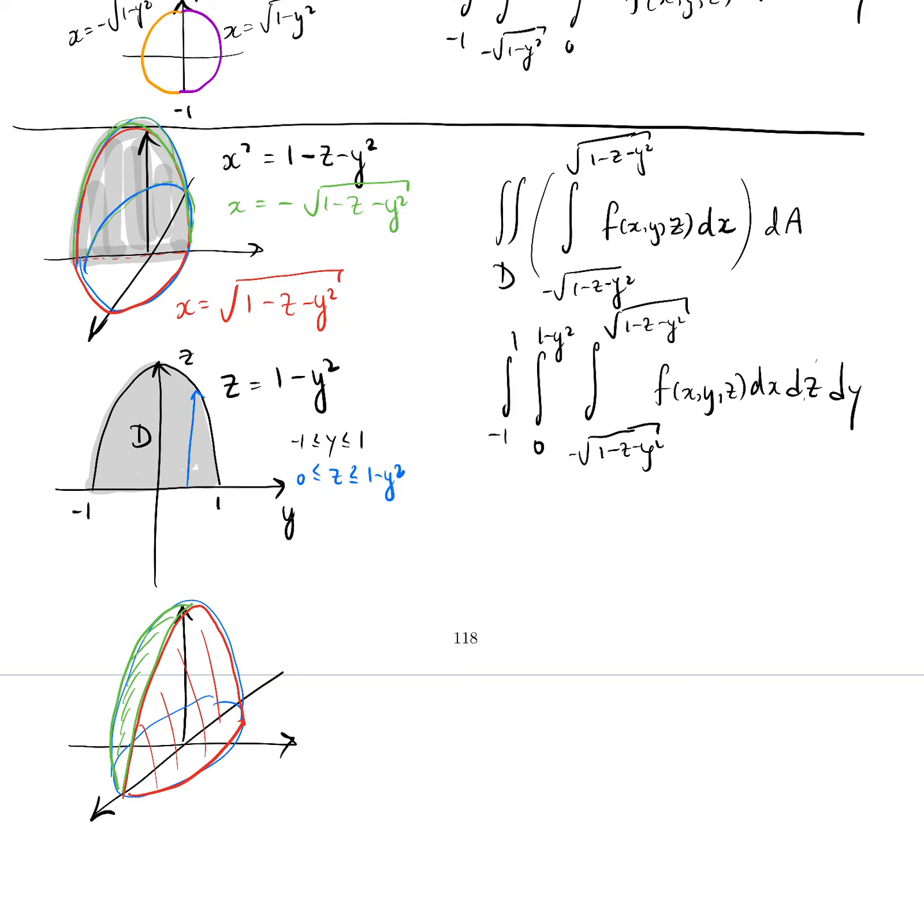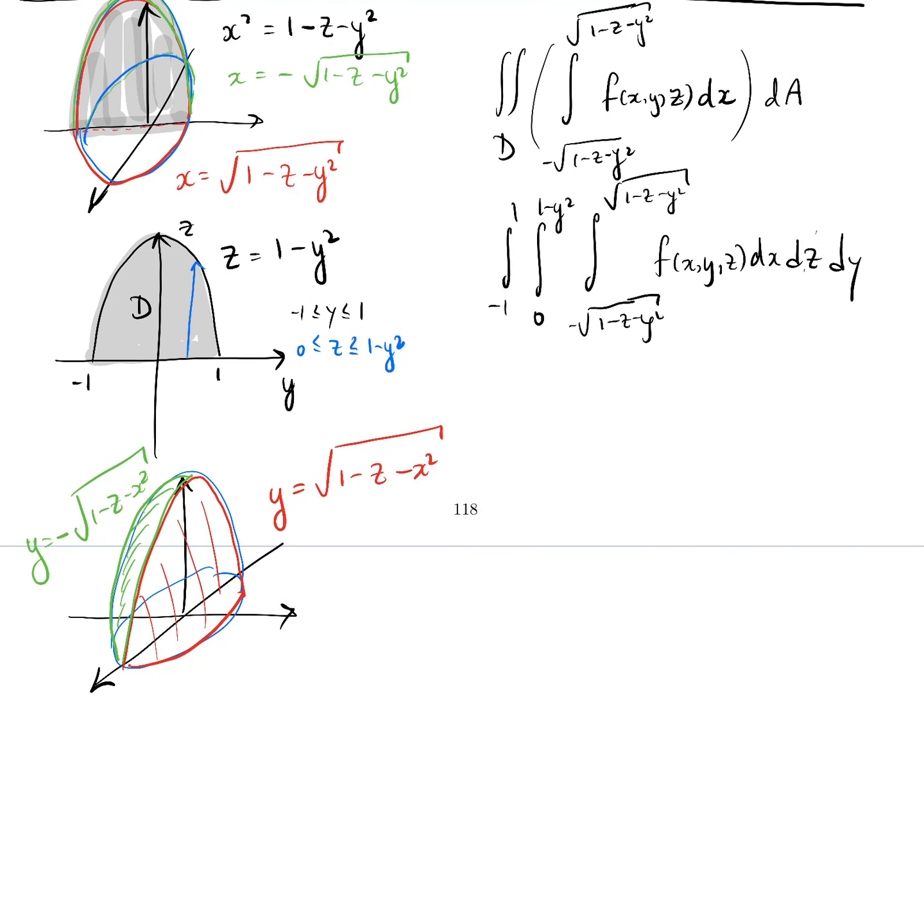And so we're going to solve for y, and it shouldn't take you much to see that your front bound is going to be y is equal to the root of 1 minus z minus x squared, and your back bound is going to be y is equal to minus the root of 1 minus z minus x squared, and you can set up the bounds the exact same way.